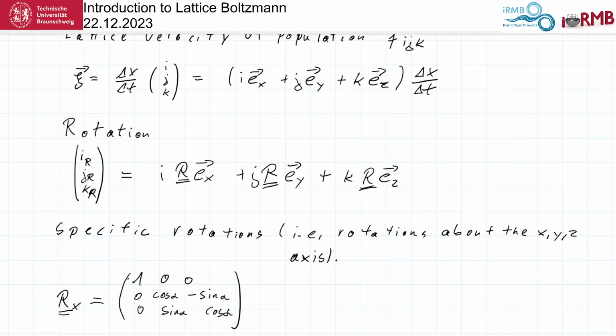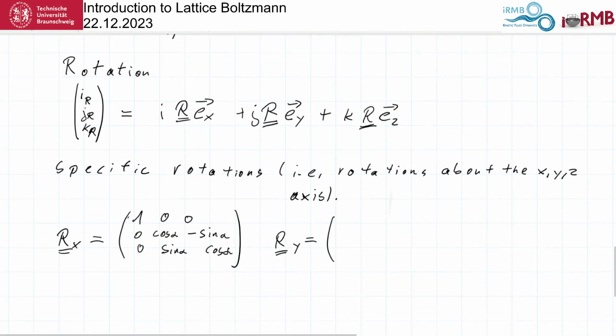So this would be a rotation about the x-axis. This is why we have here in the x direction 1. Then rotation about the y-axis looks very similar, just by permutation.